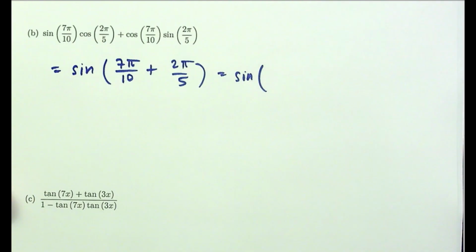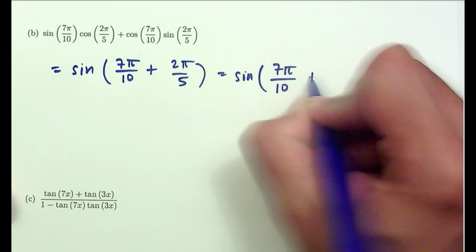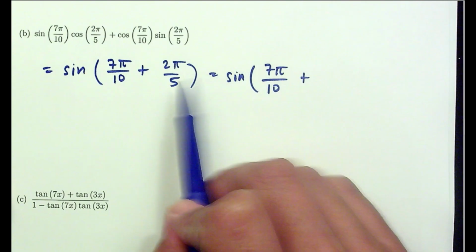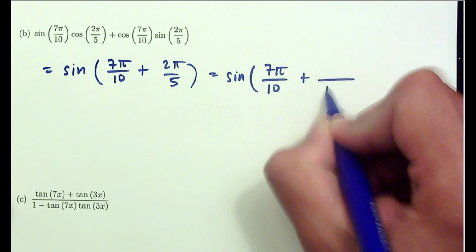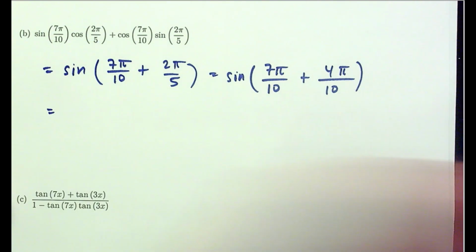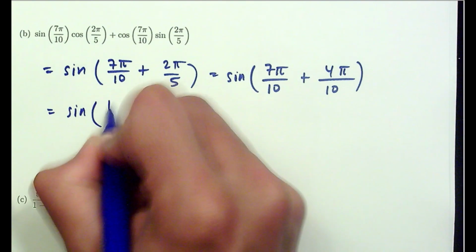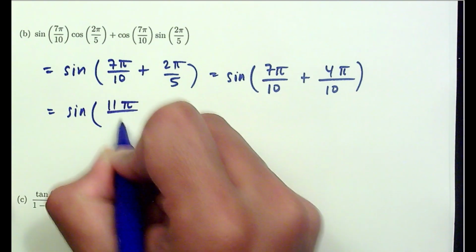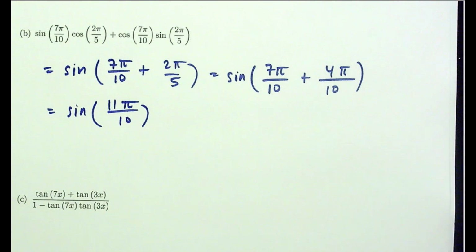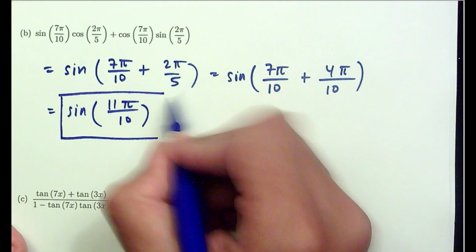Then the least common denominator is 10. So the first fraction stays the same. The next one, you multiply top and bottom by 2. So the top becomes 4 pi. And then now you can add across the numerator. 7 plus 4 is 11. So 11 pi over 10. That's not a special angle. It's going to stay like that. That's the simplification.